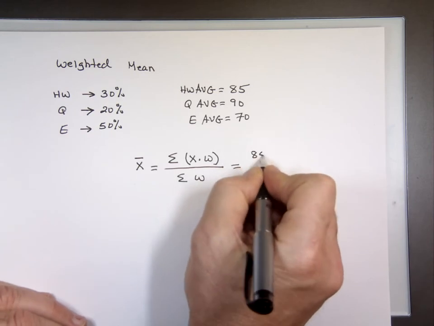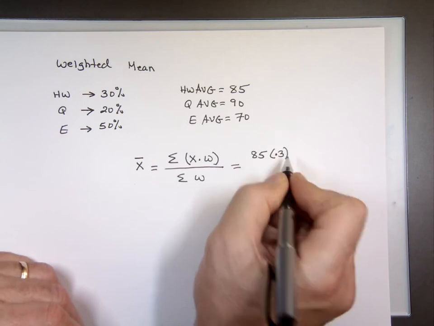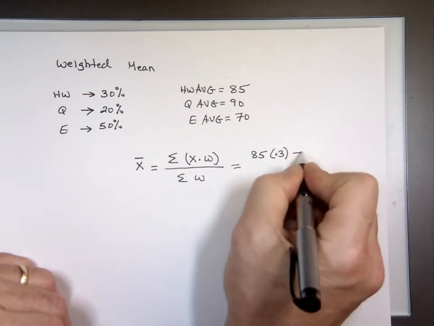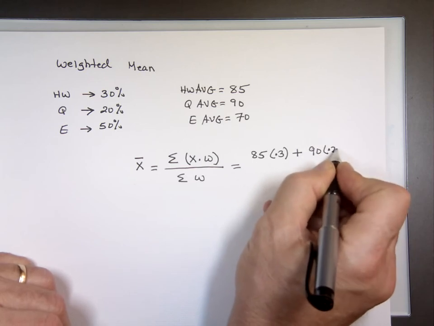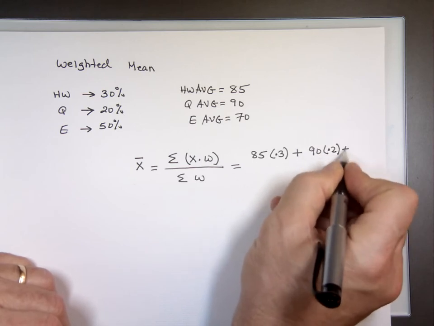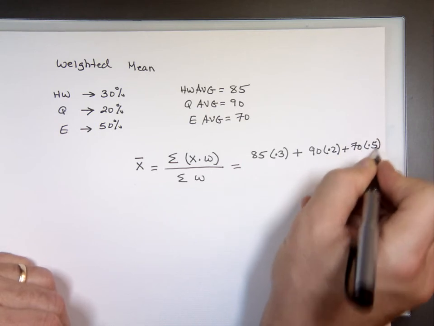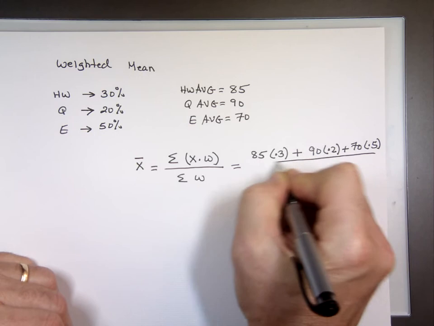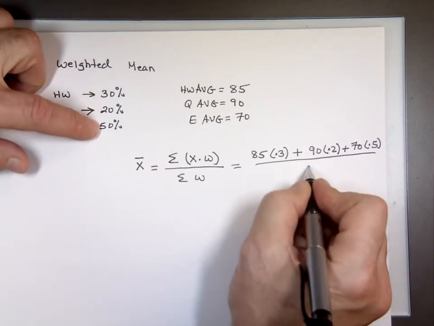The weight of that is 30%, so times 0.3. Add to it 90 times 0.2. Add to it 70 times 0.5. And you divide that by the sum of the weights. What's 0.3 plus 0.2 plus 0.5? 1.